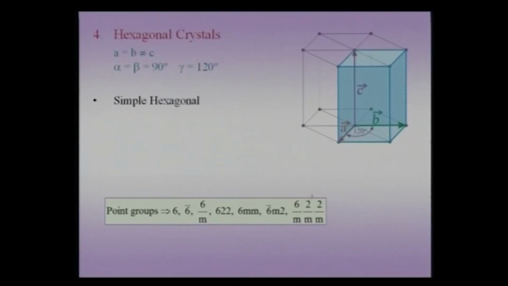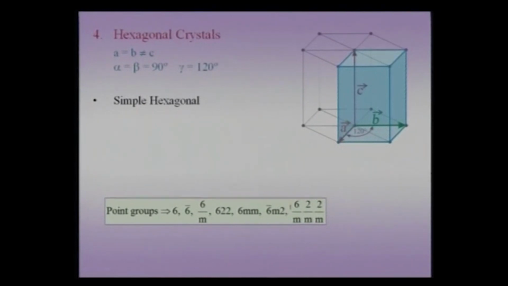And as before, the hexagonal lattice always has the 6/m 2/m 2/m symmetry, while crystals based on this lattice could have one of these lower symmetries, which includes a 6-bar m2, a 6mm, a 622, a 6/m, a 6-bar or a 6. In other words, there are quite a few point groups which belong to the hexagonal crystal class, and crystals having any one of these symmetries would come under the hexagonal crystal class.